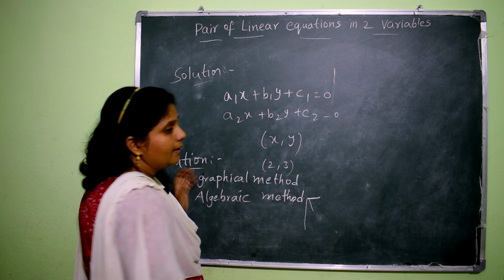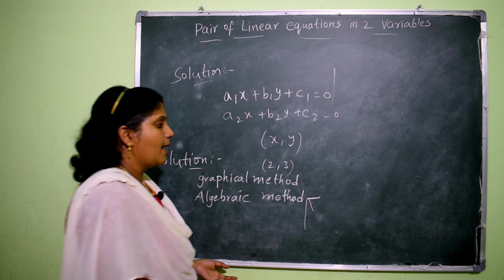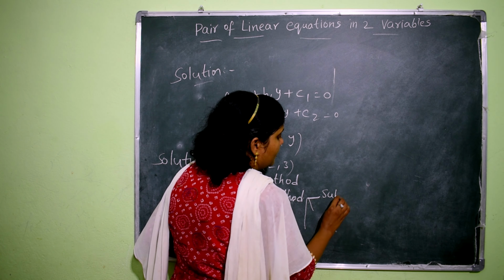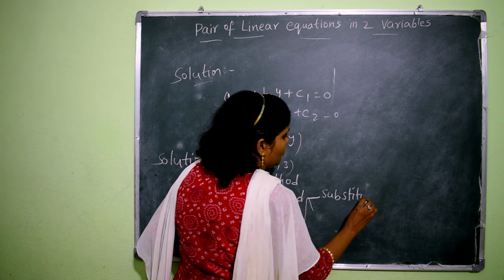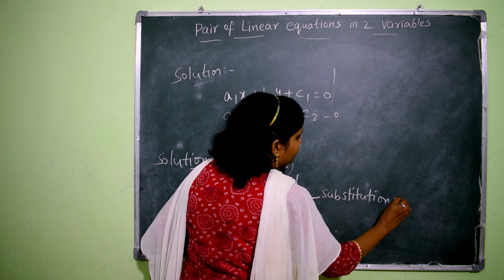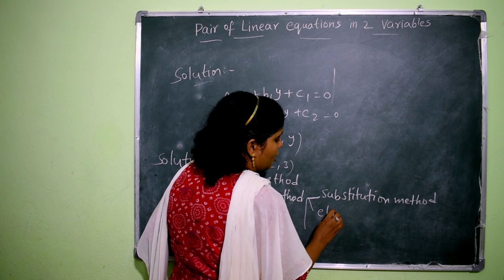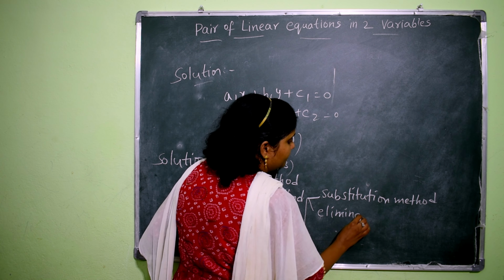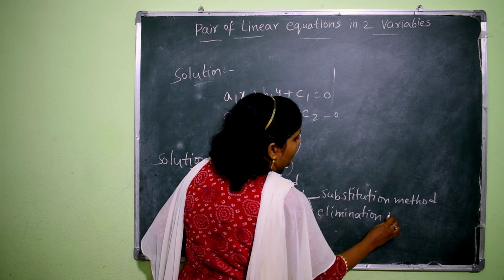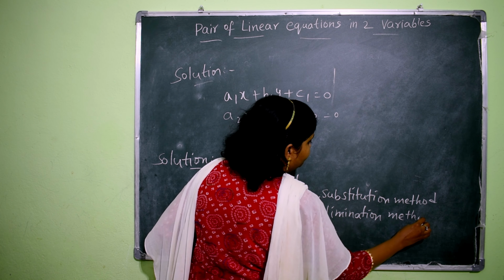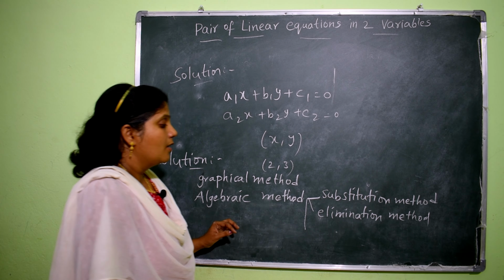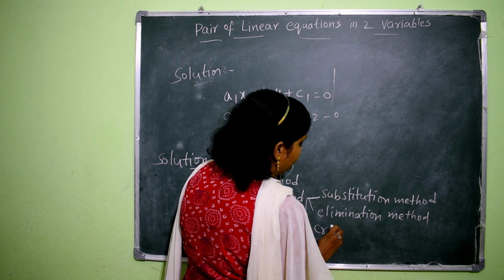So what is algebraic method? In the algebraic method, three types are there. One is substitution method, elimination method, and last one, cross multiplication method.